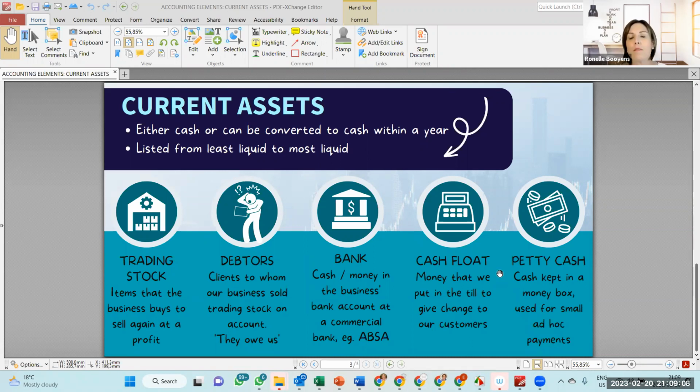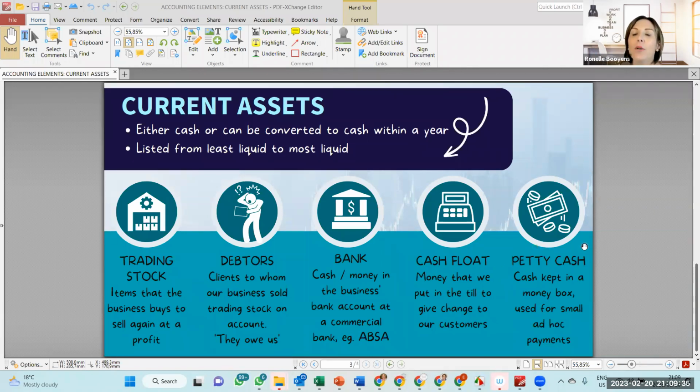A small business might have a cash float of 50 Rand or 100 Rand, also depending on the type of business. Do we have a lot of cash customers coming in where we need to give them change? All of that will determine the cash float amount in your business's till or register. So obviously it's money, it is cash already, and therefore it is a current asset.